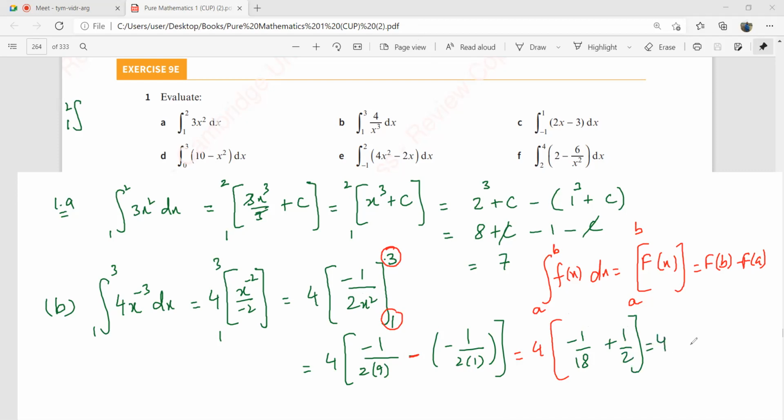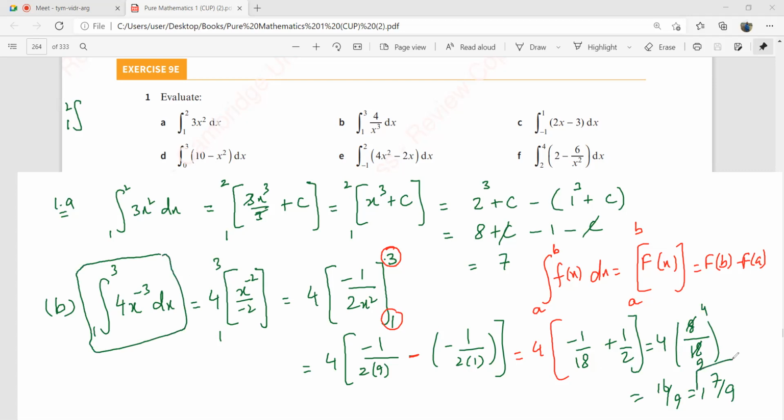That is 4 into, you take the LCM, you use a calculator. This is 18. This is minus 1 plus 9. That is 8 over 18. So you can simplify this. 2 fours are, 2 nines are. This is 16 over 9, or 1 whole 7 over 9. So that is the integral. This definite integral is equal to this 1 whole 7 over 9 over here.